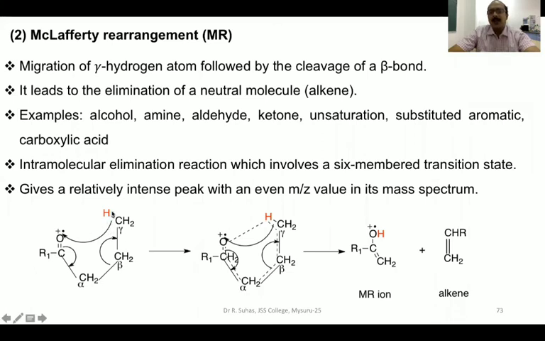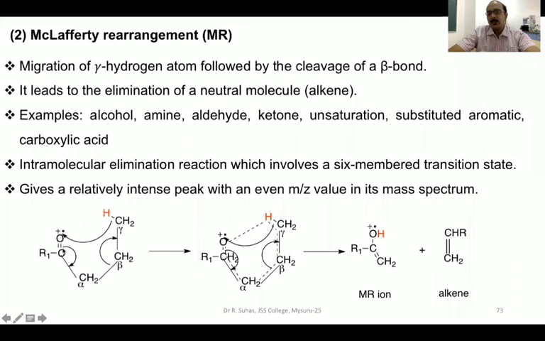Now the gamma hydrogen moves from this gamma carbon to the oxygen. As a result of that, this double bond is shifted here, and the beta bond gets shifted here. So you get a cyclic 6-membered transition state. In this transition state, the pi bond moves around the periphery of this 6-membered cycle. This is a transition state, meaning that it is highly unstable. So what happens? This O becomes OH because this H migrates completely, along with the electron, to the oxygen.